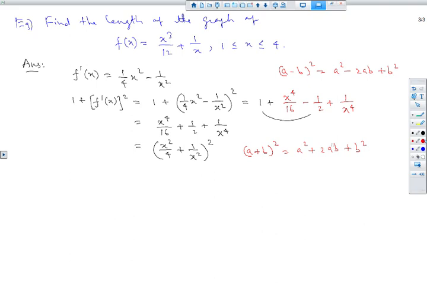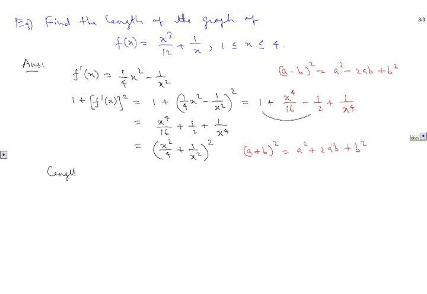Now we're going to use the formula. So the length equals, starting point is 1 to 4, the square root of 1 plus f prime x, whole thing squared, dx. And you can see that we already simplified this, so we must do the square root.